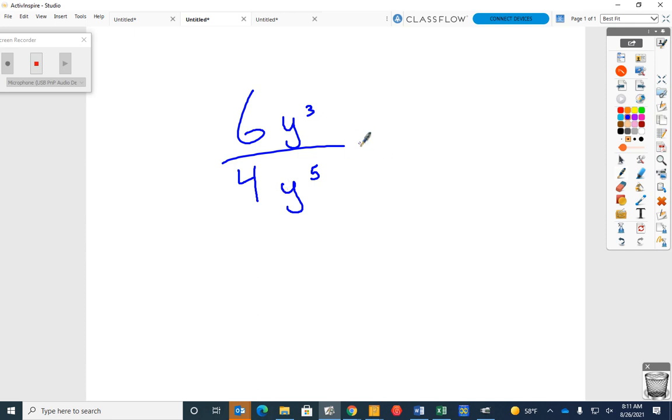What are my directions going to be here? Simplify. So I can rewrite this as 3 over 2. That's the same value. So when you can reduce a fraction, simplify it. Make sense? That's what was different.